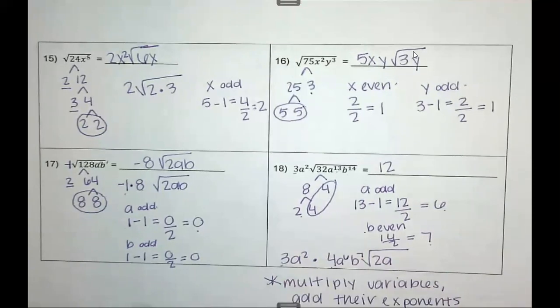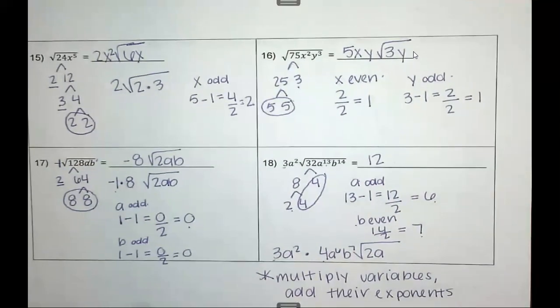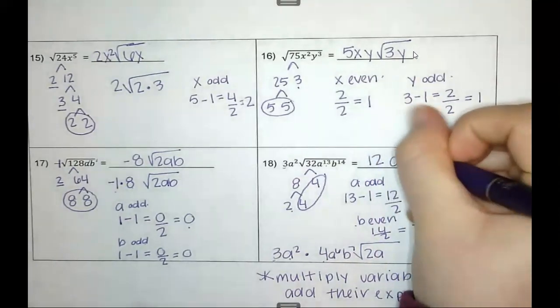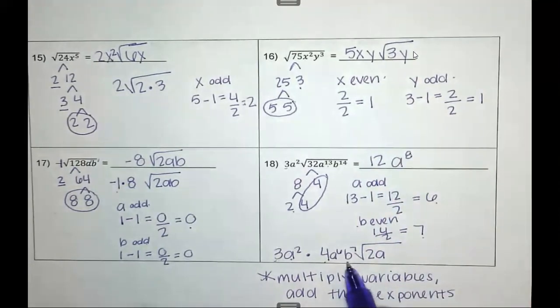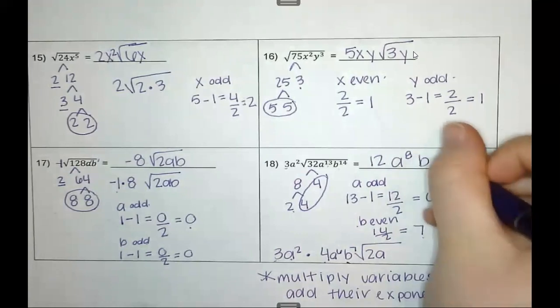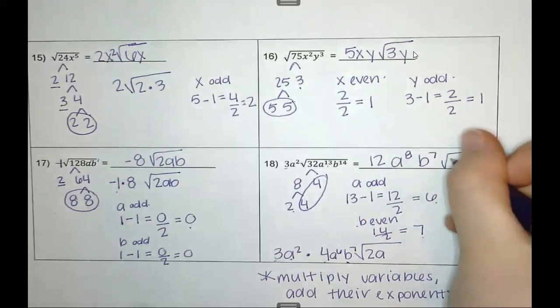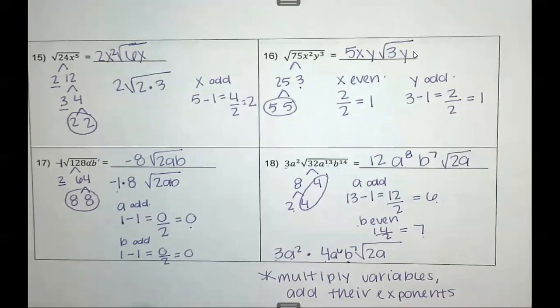Keep that rule in mind. So for a, we're multiplying a times a, we're going to add their exponents. 2 plus 6 is 8. So I'll have a to the 8th. And this is the only b. So we have b to the 7th. And then we still have our square root of 2a for our final answer.